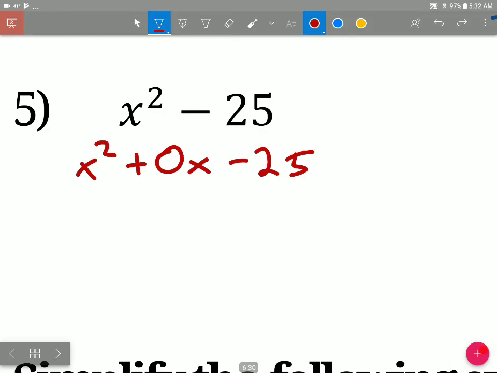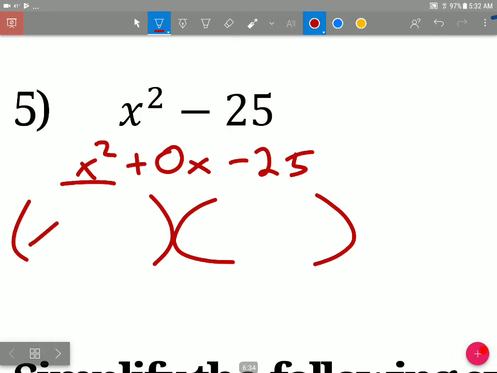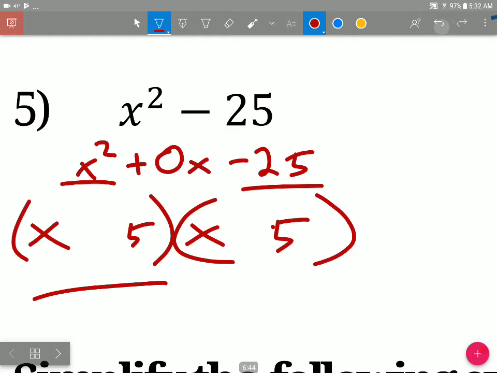So in this case, what we're going to do is it's going to be x times x. Two things that multiply to 25 are 5 times 5. All right, you notice how these are the same? The only difference is going to be one is going to be positive and one is going to be negative.